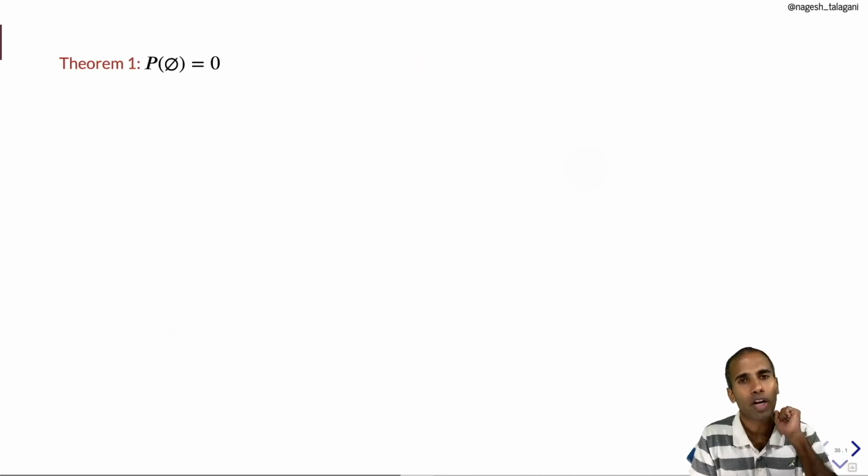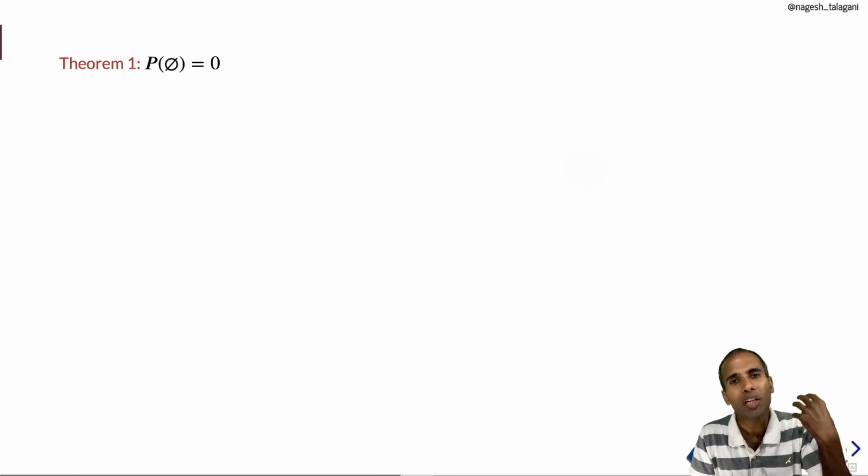Theorem 1. The probability of the empty event, which is also called the impossible event because it has no outcome and will never happen, right? Intuitively we feel that the probability of this impossible event must be 0, but we are not demanding it from the definition. But this will actually follow from axioms 1, 2, 3.